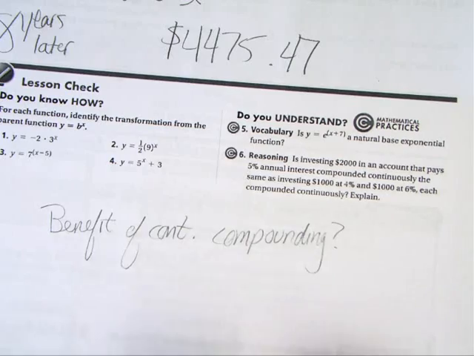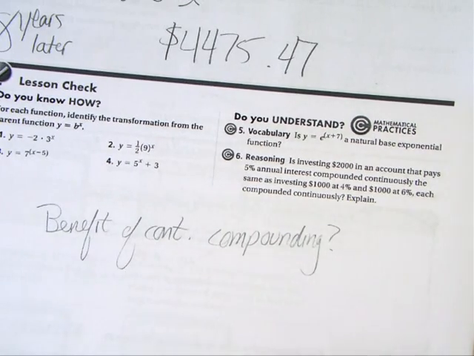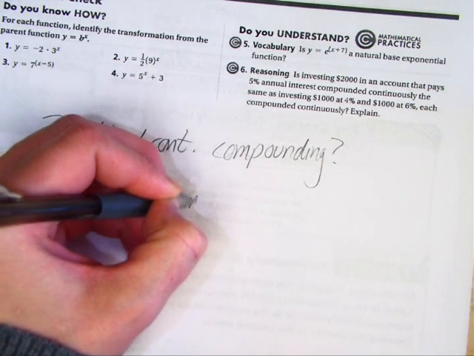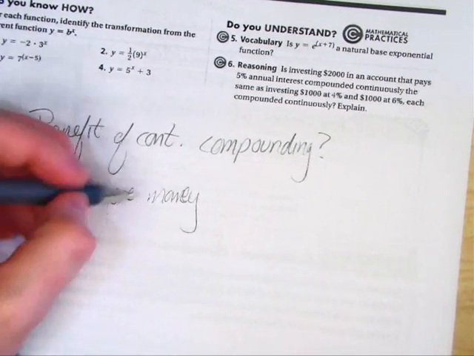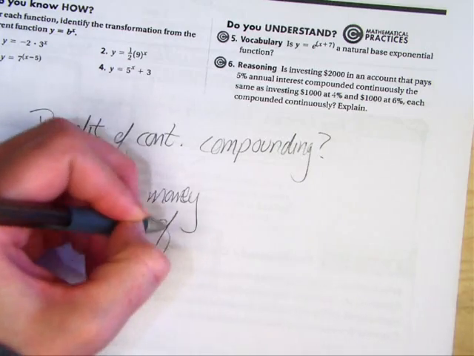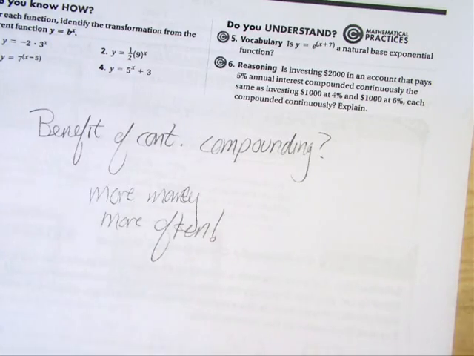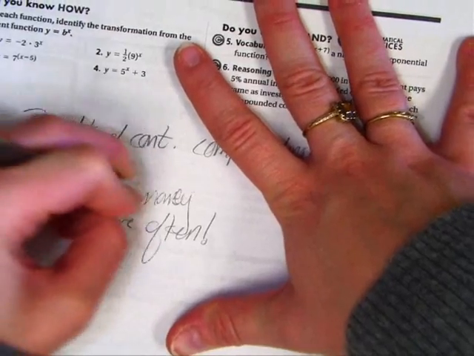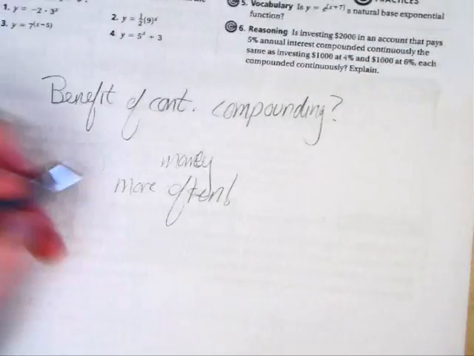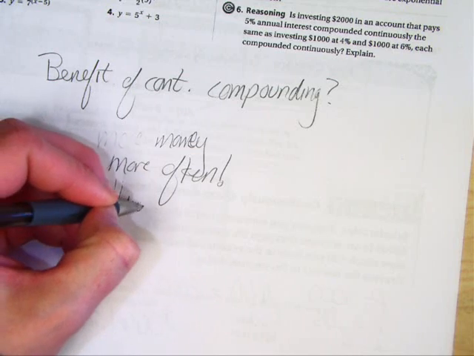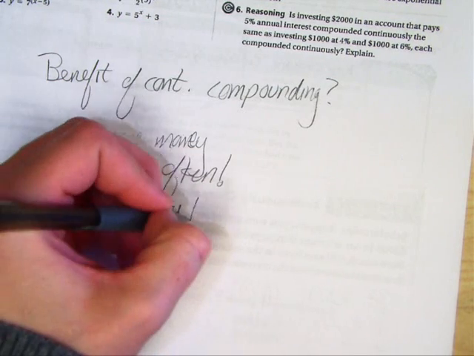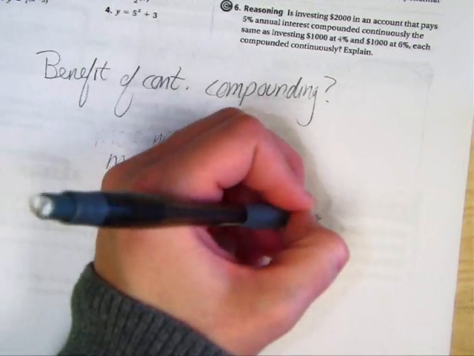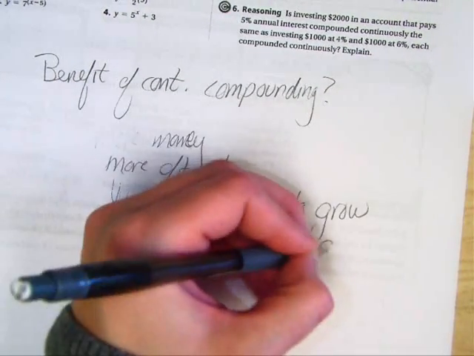Whenever you get something that continuously compounds, here's what you get. You get more money more often. And maybe not more money. Let's just say you get money more often, and it therefore has more to grow on.